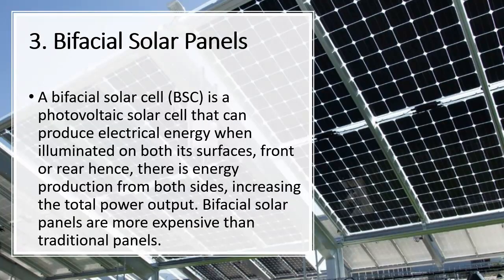A bifacial solar cell is a photovoltaic solar cell that can produce electrical energy when illuminated on both its surfaces, front or rear. Hence, there is energy production from both sides, increasing the total power output. Bifacial solar panels are more expensive than traditional panels.